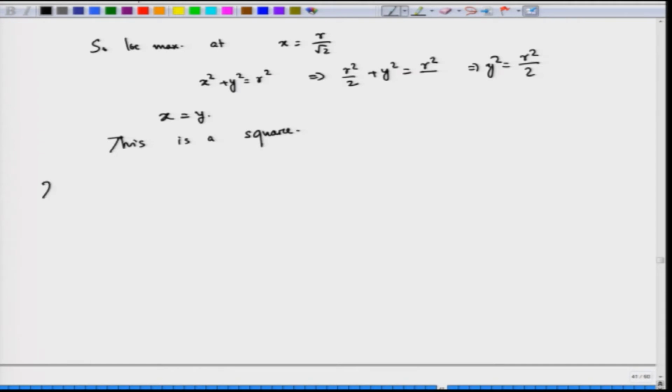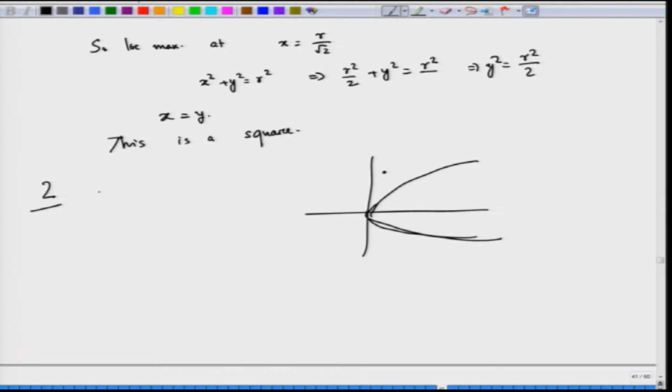So, now example 2. Suppose we have a parabola, and let us take any point. Then we would like to find the closest point on this parabola from this point.